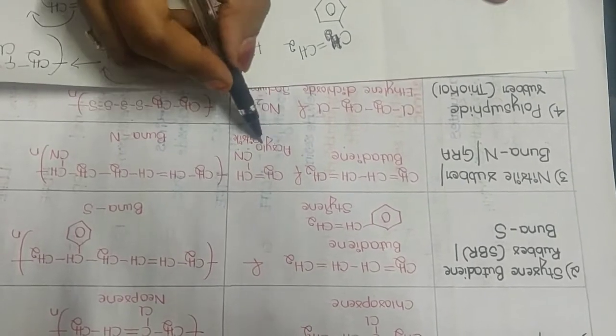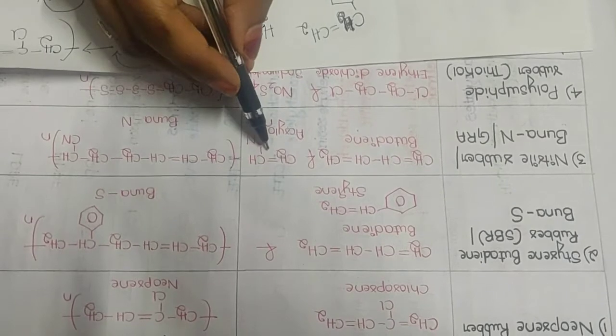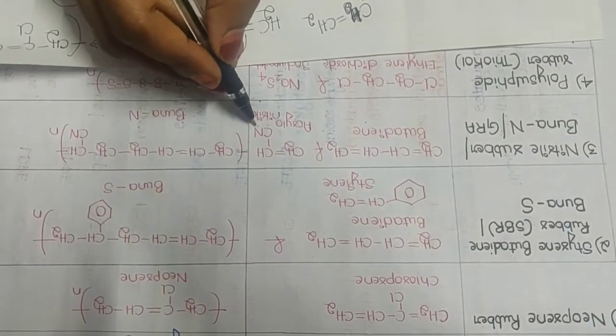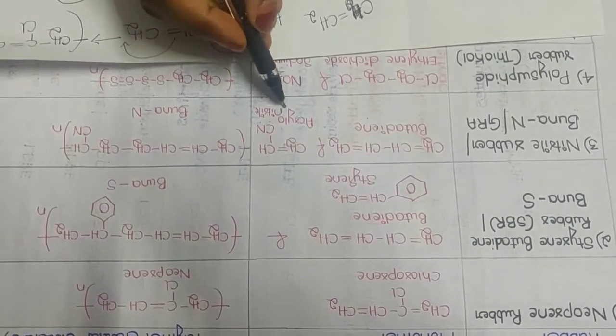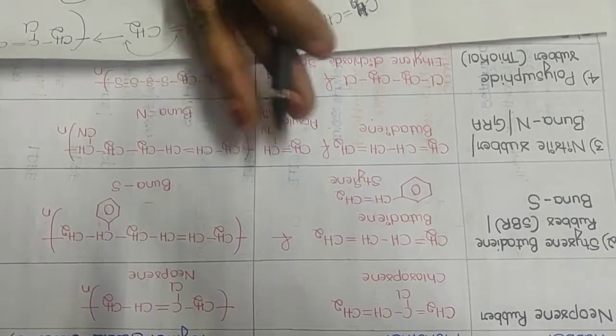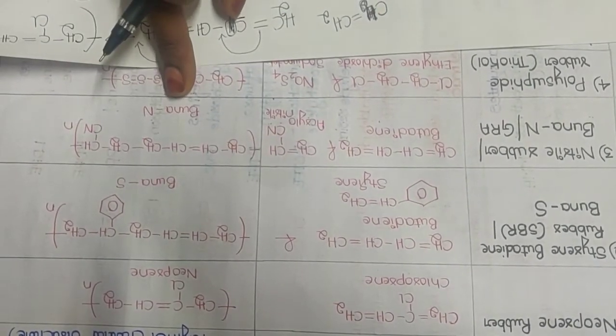You know acrylonitrile; again, how did I get this? Take an ethene molecule, remove one hydrogen, and replace it with a cyanide group. So I'll end up with acrylonitrile. It is also an example of copolymerization. In the same way, you will be writing the partial structure for Buna N.